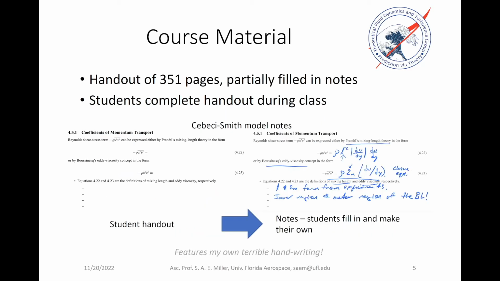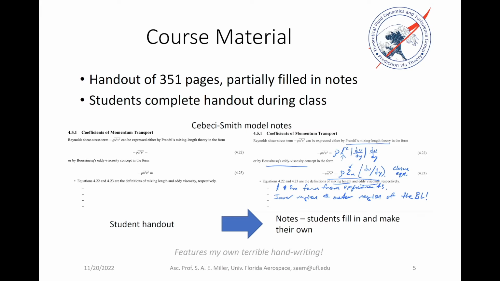Course material took a lot of time to put together, and it was based on multiple turbulence books. The course material in the handout is not just completely given to the students. It's actually a LaTeX set, but we blank out certain parts of equations and sentences. When we go through it, we actually develop that math in class and explain where those equations come from.